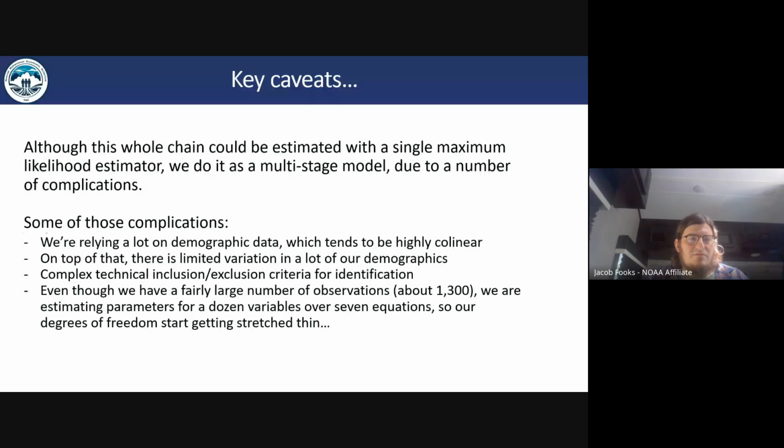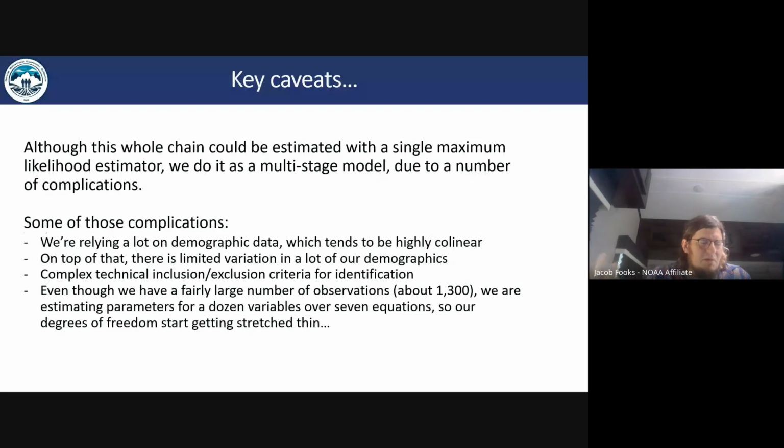There's some other stuff. There are some technical issues with how this is done, and because of the way that we're using data from one model in another model, there are identification issues.